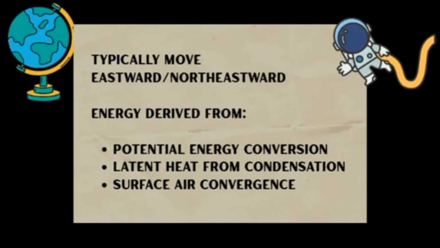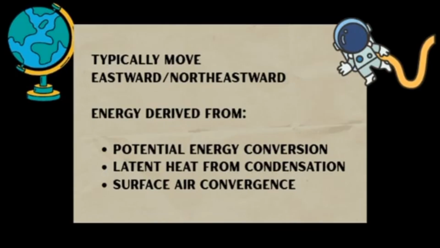Since it can't spread out, it's forced upward. As the air rises, it cools, it condenses, and forms clouds and precipitation. The upward motion strengthens as more air converges, feeding the storm system. This process is often triggered or enhanced by low pressure systems.